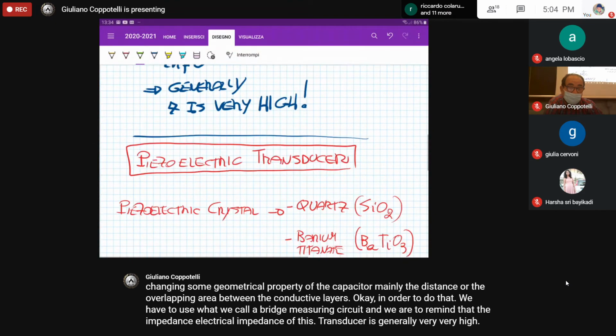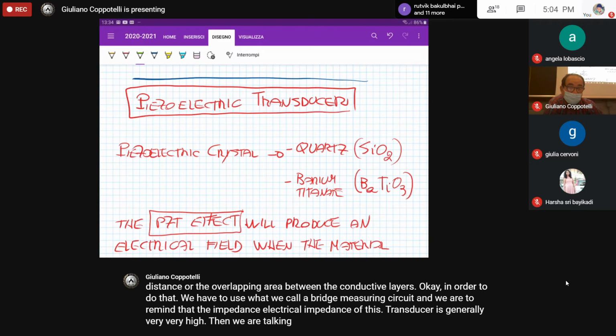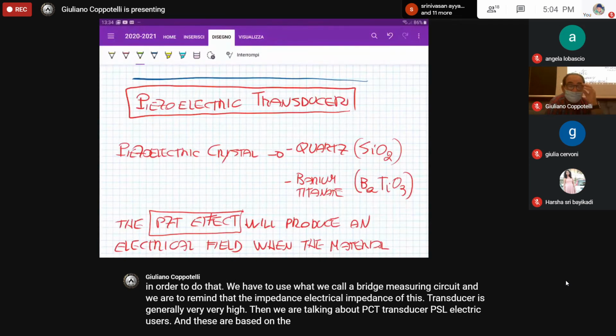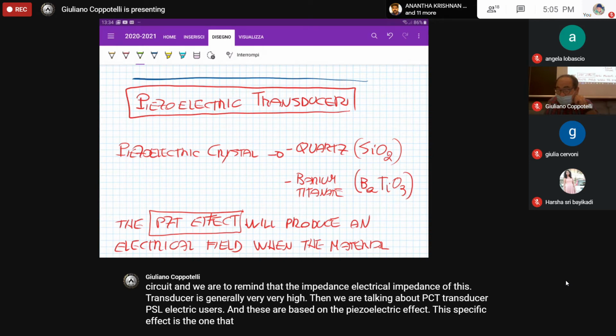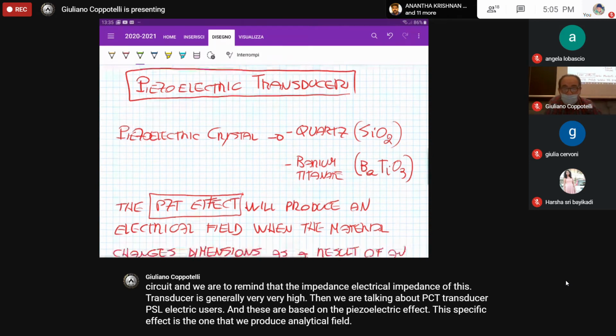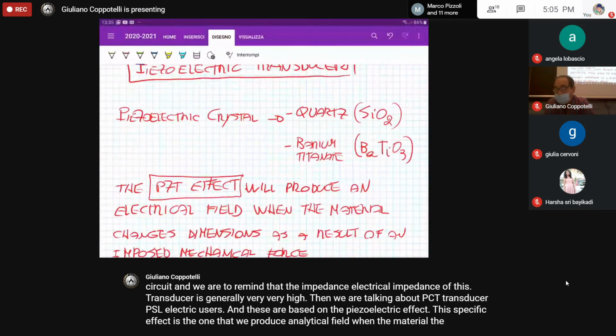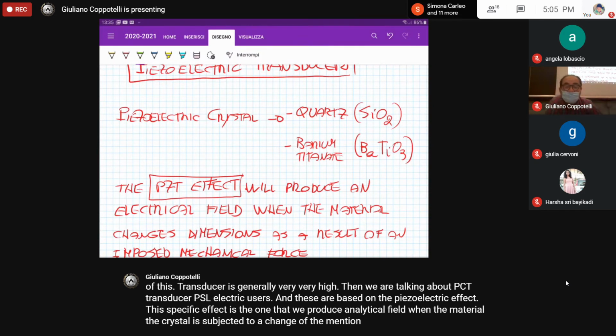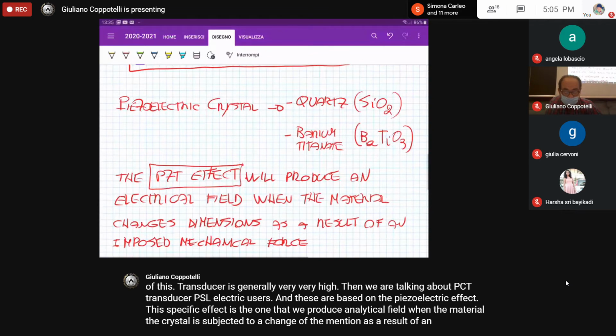Then we are talking about PZT transducers, piezoelectric transducers, which are based on the piezoelectric effect. This piezoelectric effect is the one that will produce an electrical field when the material, the crystal, is subjected to a change of dimension as a result of an imposed mechanical force.